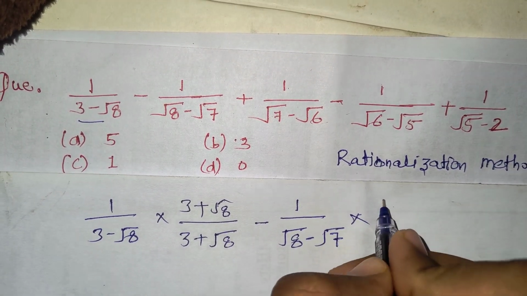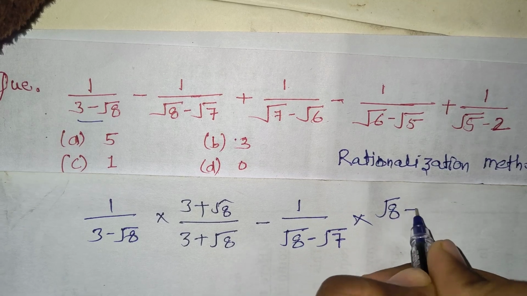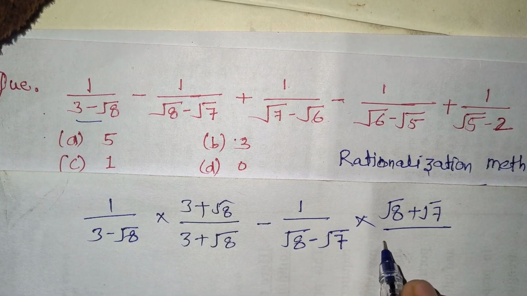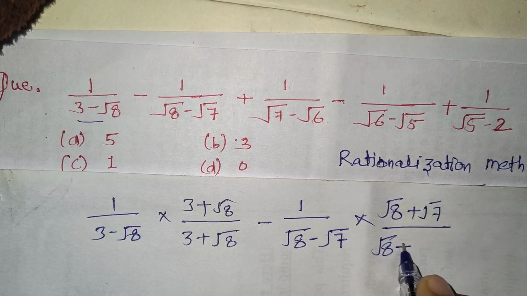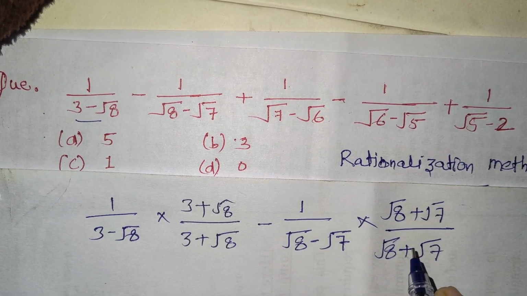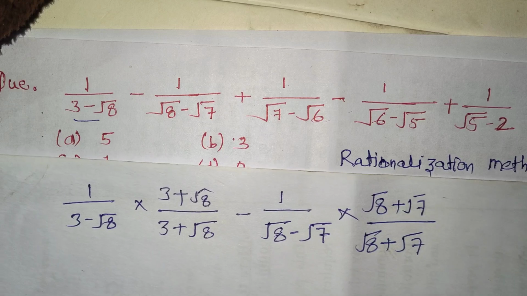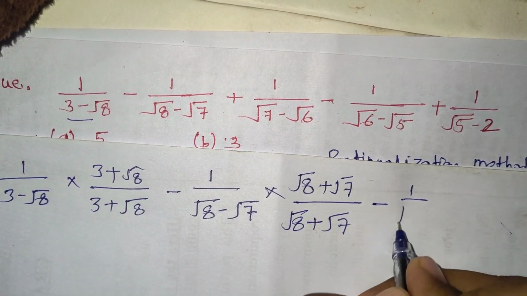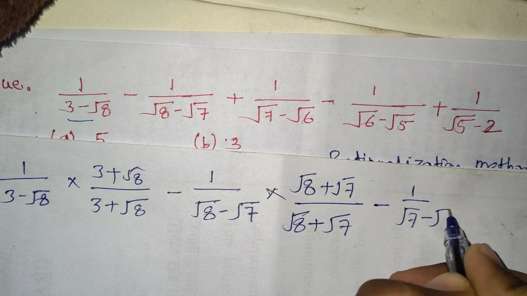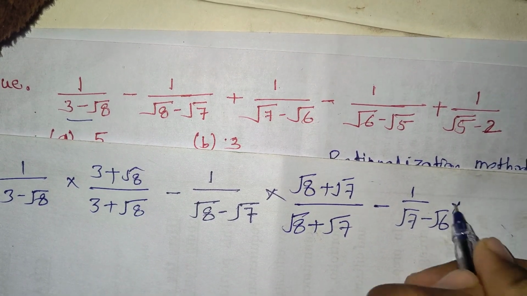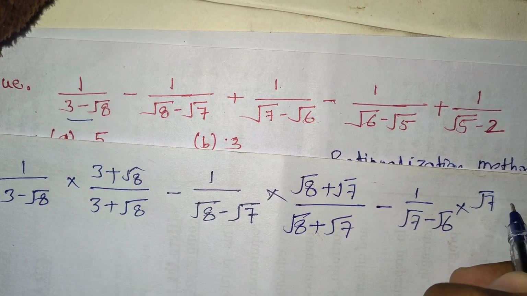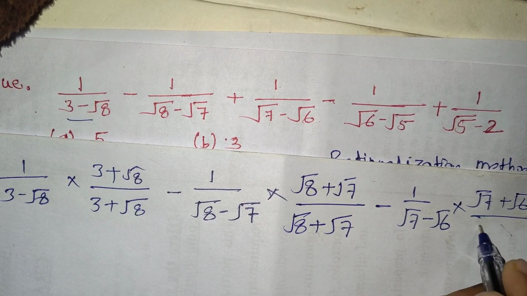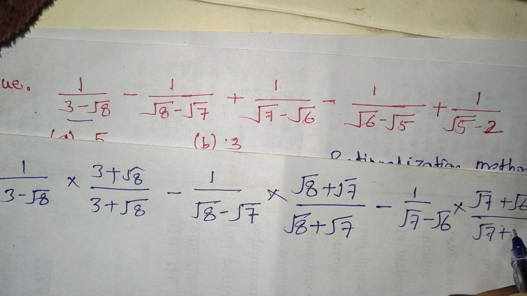Rationalize this by multiplying root 8 plus root 7 in numerator and denominator both, plus root 7, minus we have given 1 upon root 7 minus root 6, multiplying root 7 plus root 6 both sides, root 7 plus root 6.